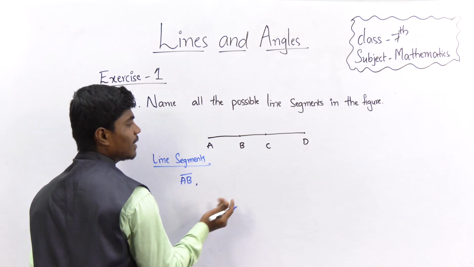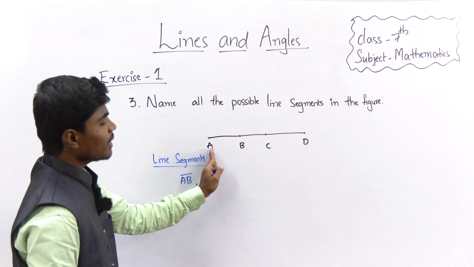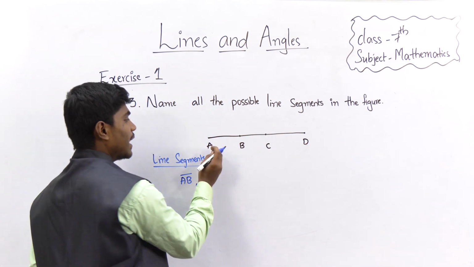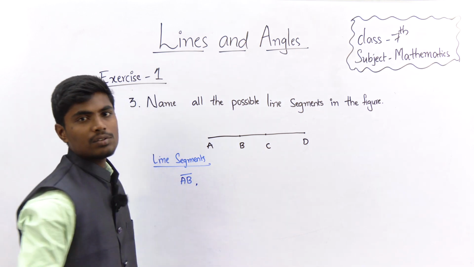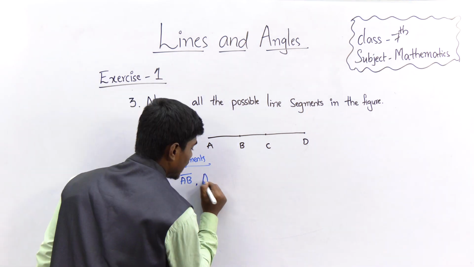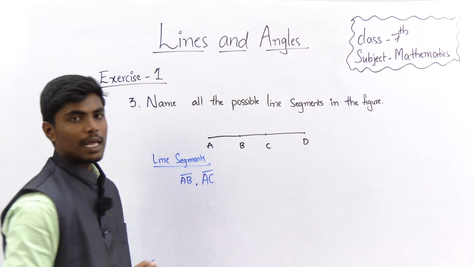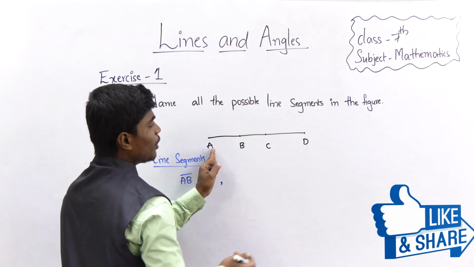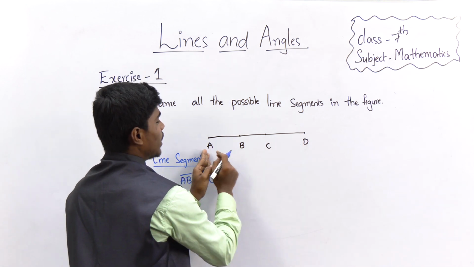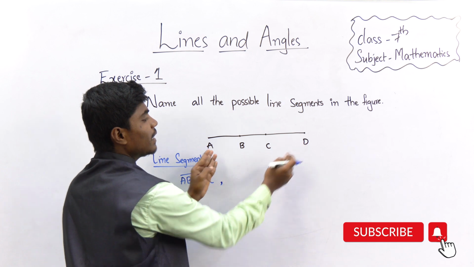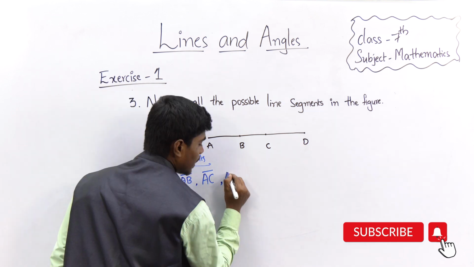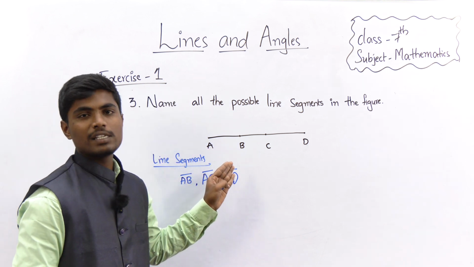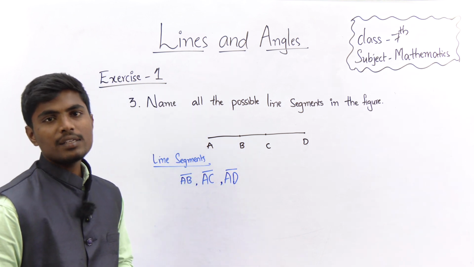Next, let's consider point C. A is a point, C is a point, and one line is joining them. So AC is also a line segment. Next, let's take point D. A is a point, D is a point, and the line is joining A and D. So AD is also a line segment. All possible line segments with point A are completed.